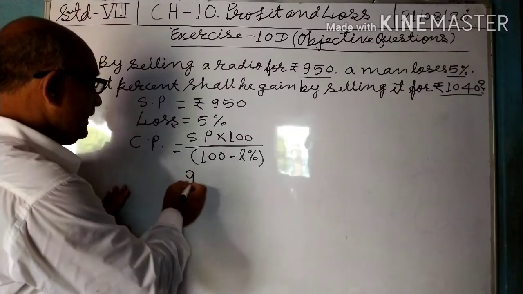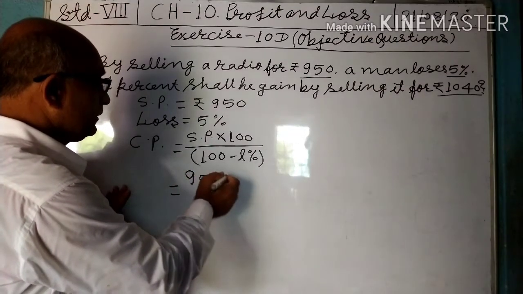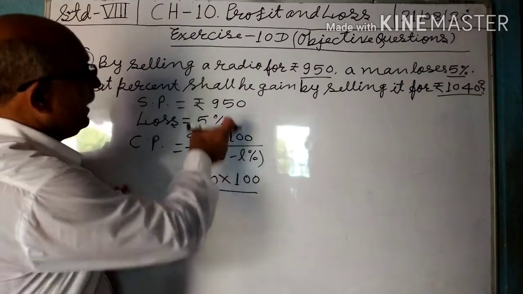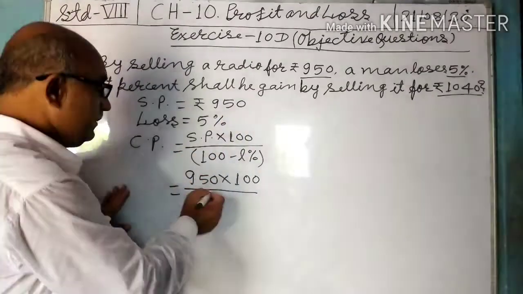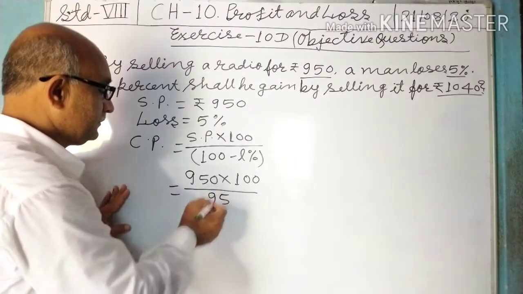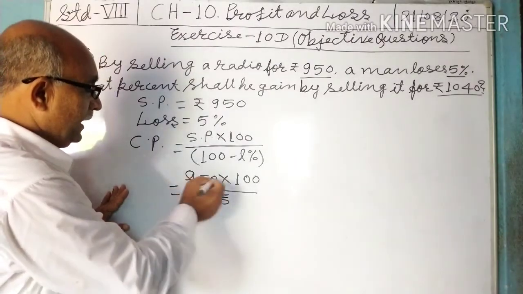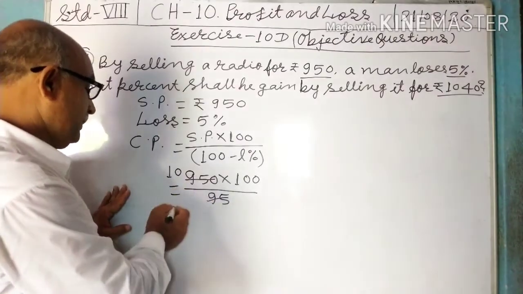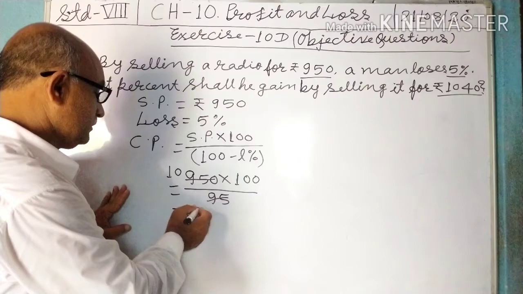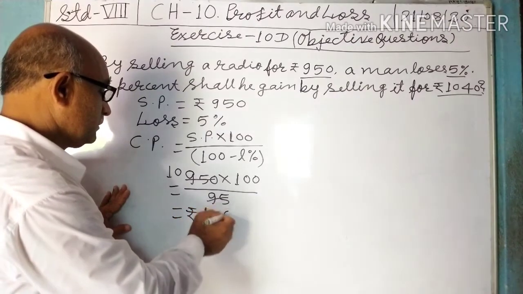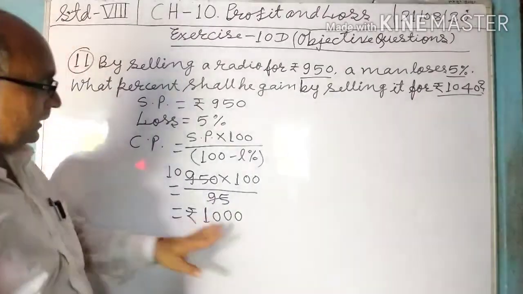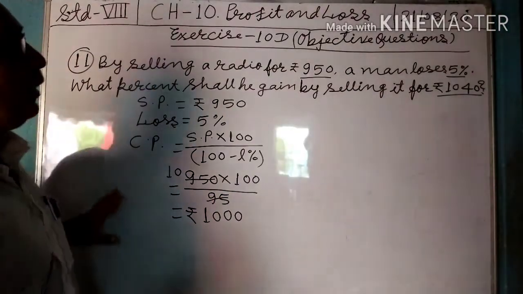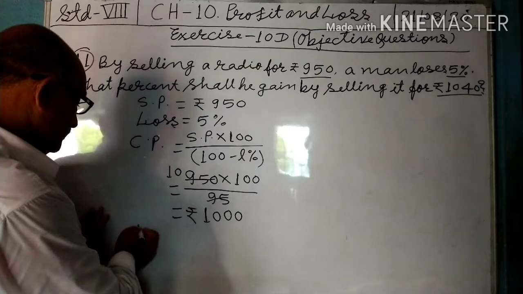So 950 into 100 by 100 minus 5. 100 minus 5 means 95. 95 into 10 is 950. So rupees 1000 is CP. Now new SP is 1040.